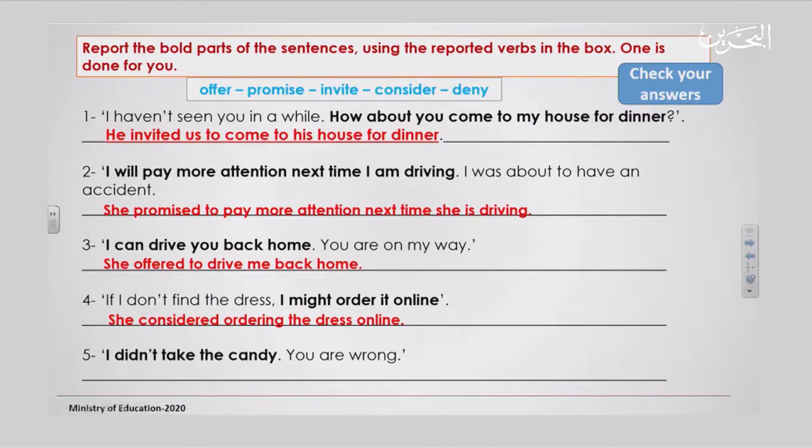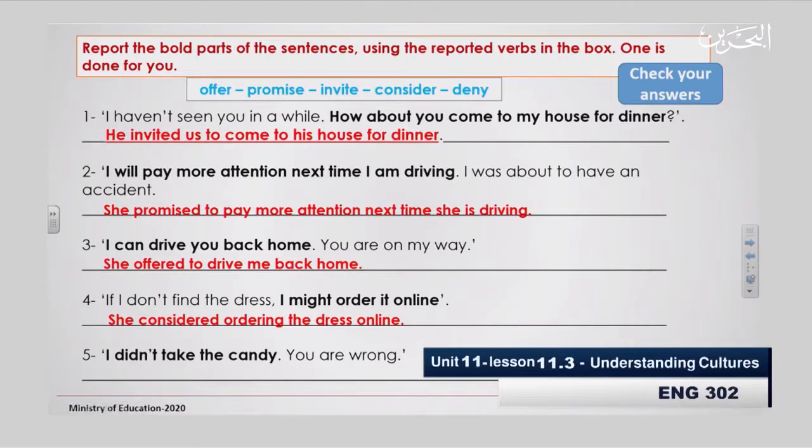Sentence number four, if I don't find the dress, I might order it online. Again, start with the subject, she considered ordering the dress online. So as you can see here, you start with subject, reporting verb, and then the verb with ing.